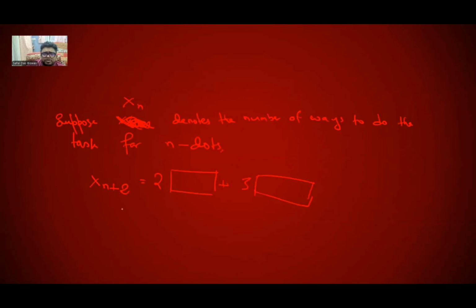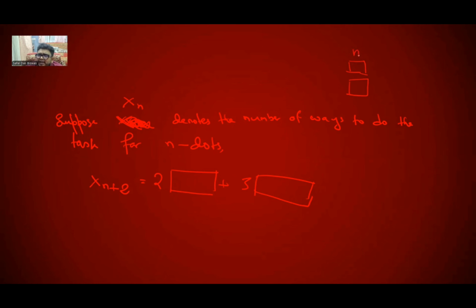So the question is how many 2's we need and how many 3's we need. So the number of 2's is, from each box we can set up a new box.